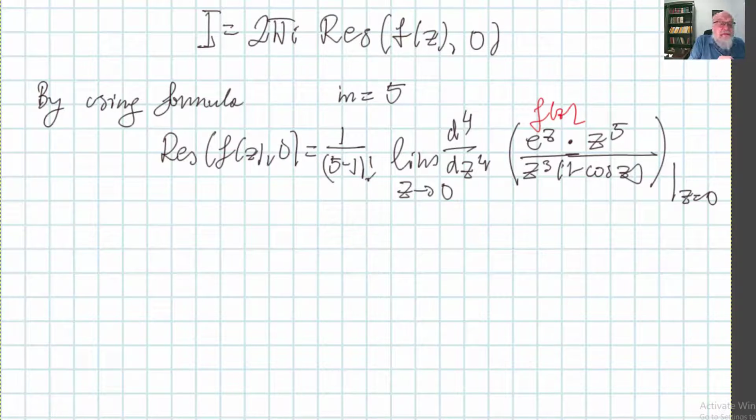Even if you do this simplification, this is going to be a difficult problem, not for evaluating the derivative, but for evaluating this particular limit. We will show you later that this limit, even in the case of order 3, can be kind of challenging.